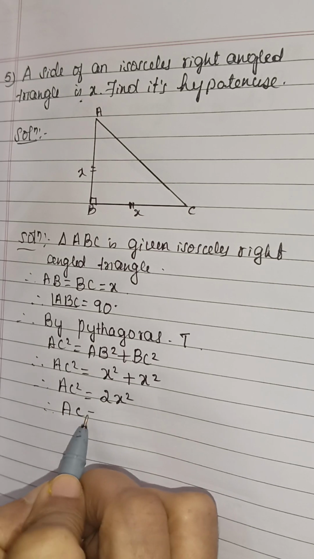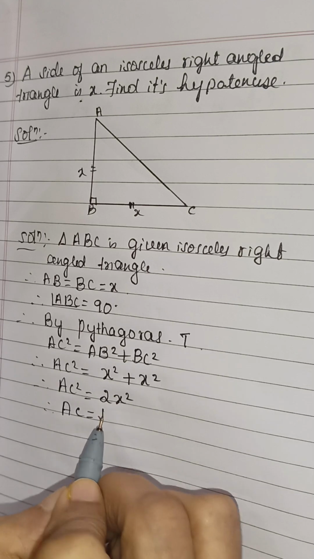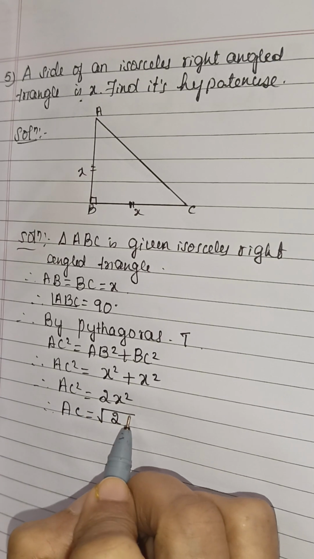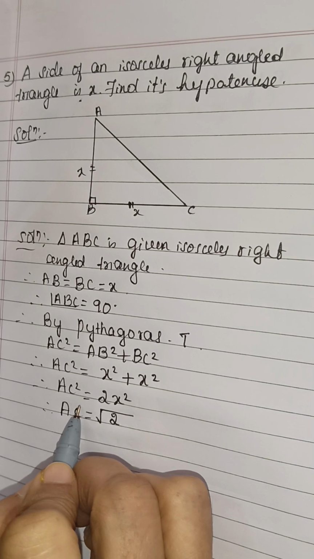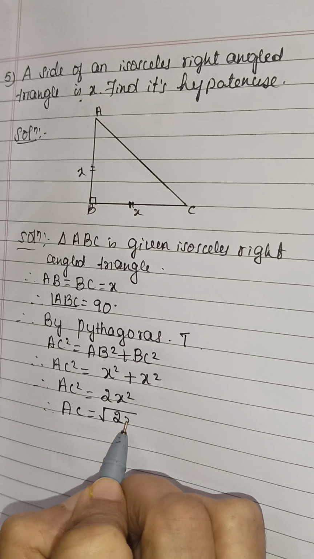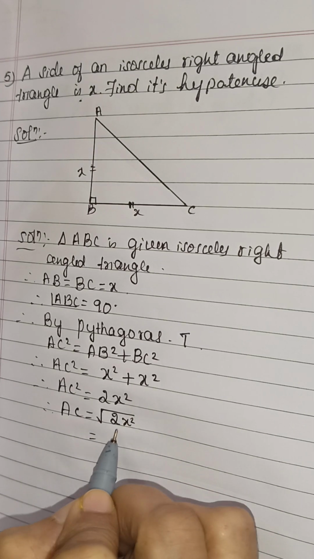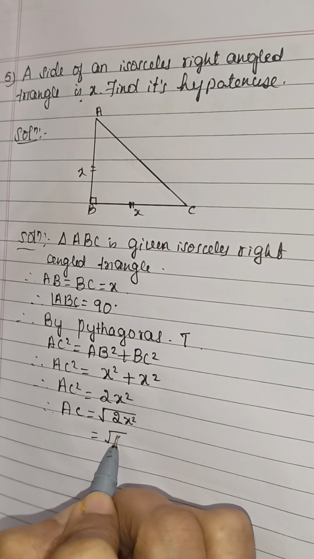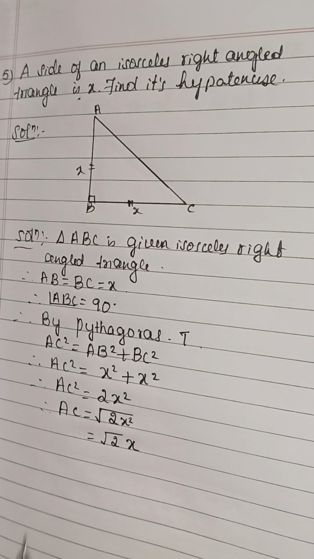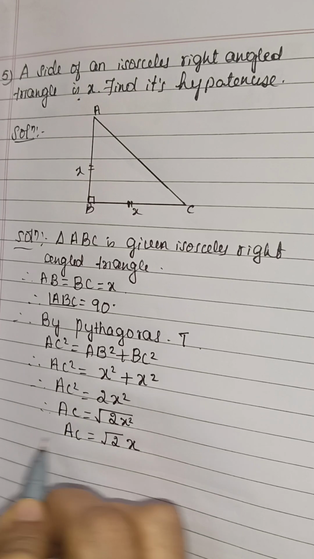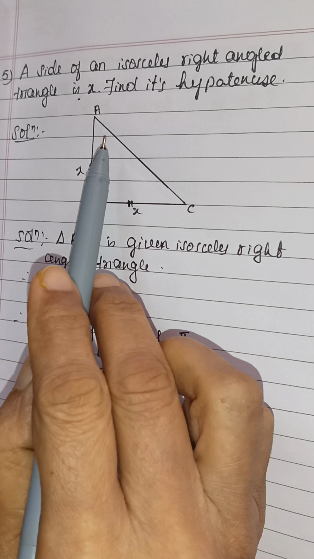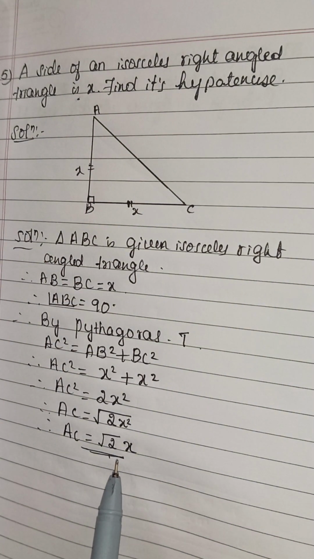Therefore, AC is... write like this, AC square is 2x square, so AC is root 2x square, which means root 2 and x only once. Root 2x. AC is root 2x. So the length of the hypotenuse is root 2x.